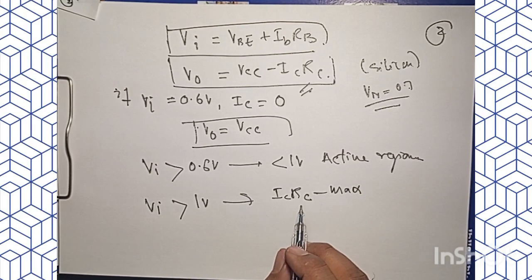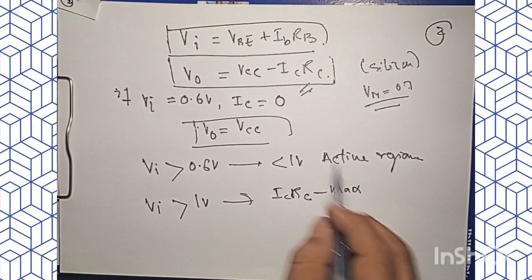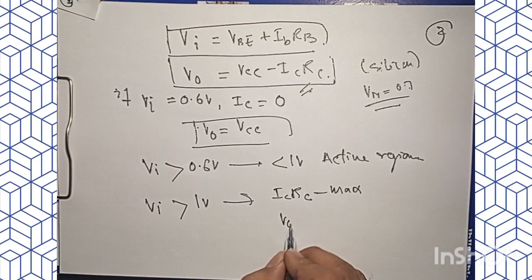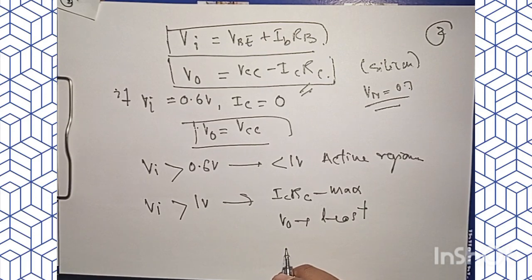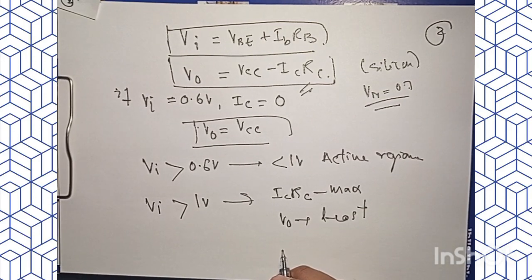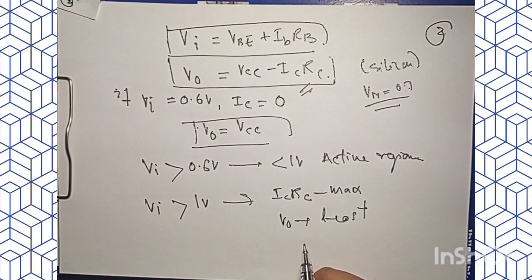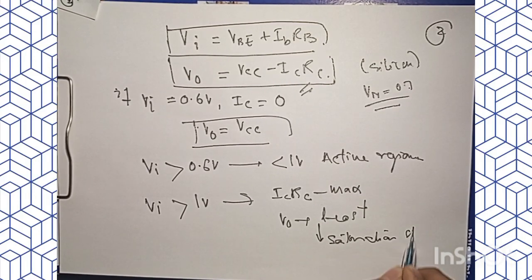So the output will be least. In that case, this V out is going to be least, almost tending to 0, and practically the same for all the VIs greater than 1 volt, right? So this is the saturation state of the transistor, right?